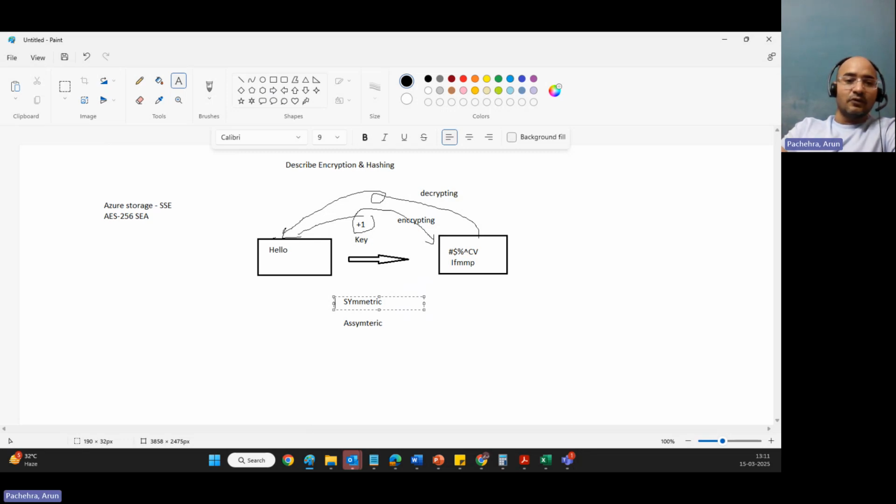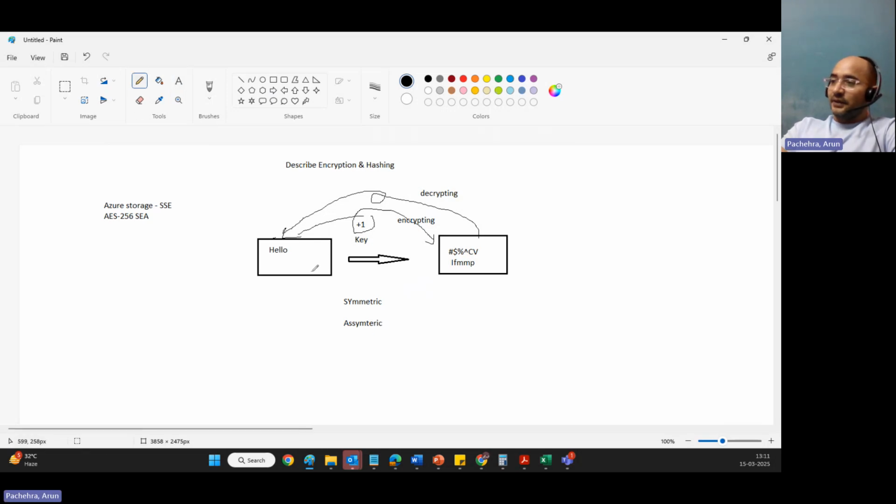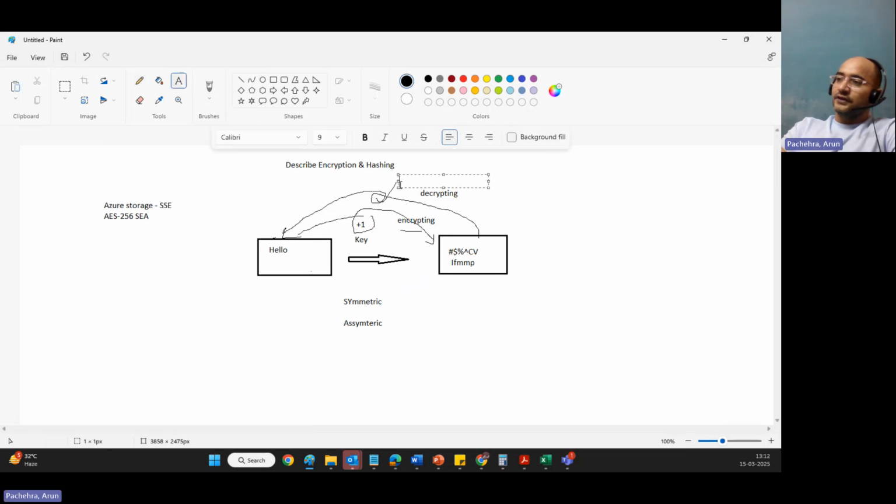Now it's time to talk about asymmetric. As the name says, asymmetric means when we are going this way, we are encrypting this particular piece of information using this key. But when we are decrypting, we are using a different key. The key will be different. So we are using two keys.